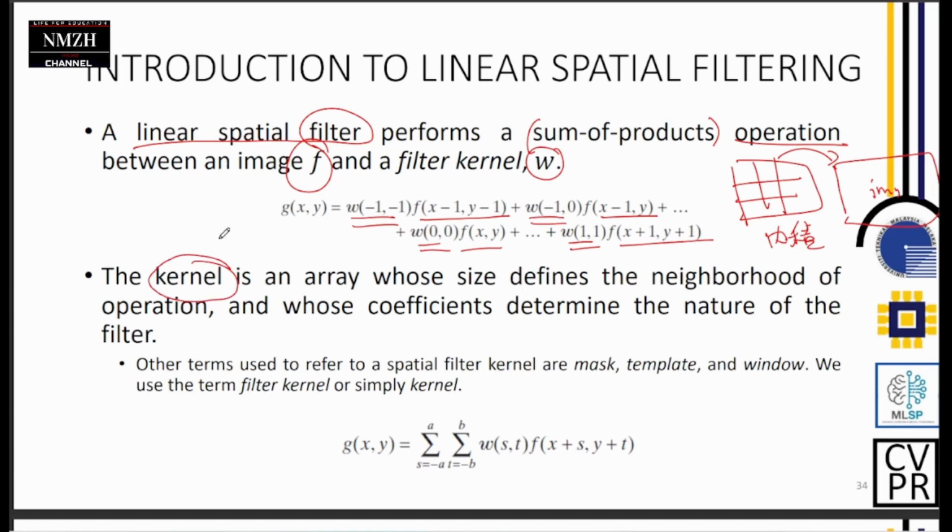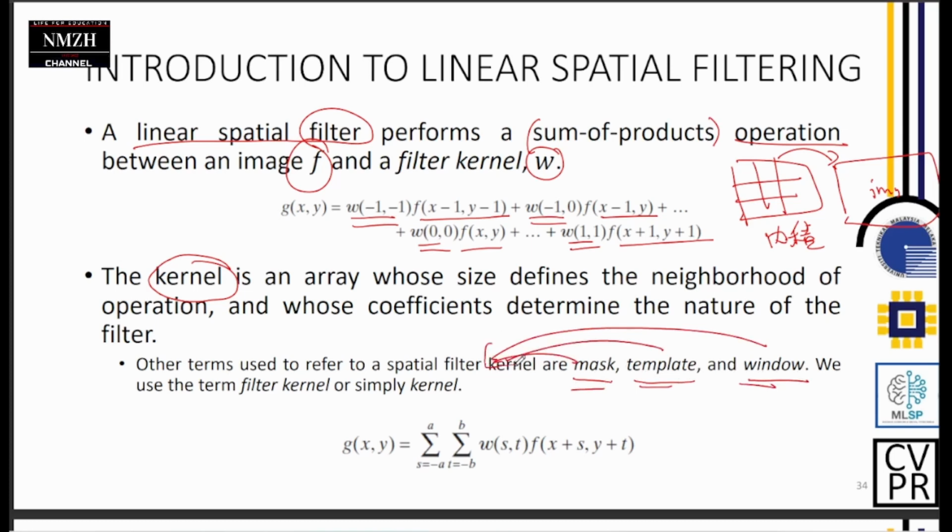Likewise, we have many types of filters: Gaussian, low pass, high pass, band pass, and so on. In this discussion, some references call the filter kernel a mask, a template, or a window, and this terminology is the same.